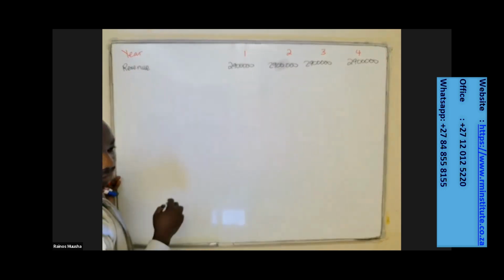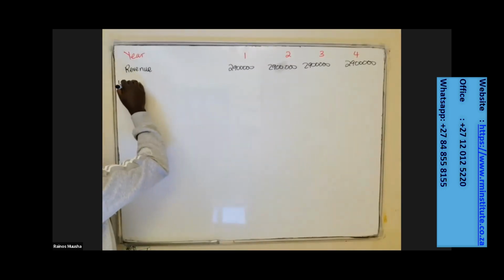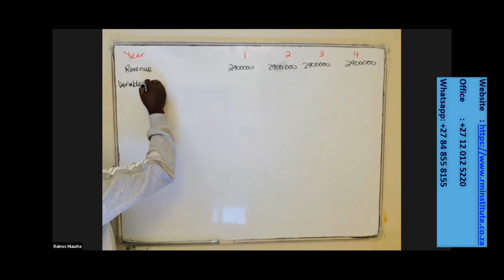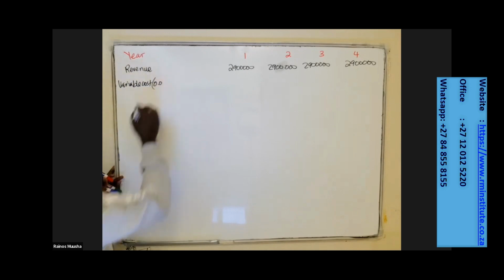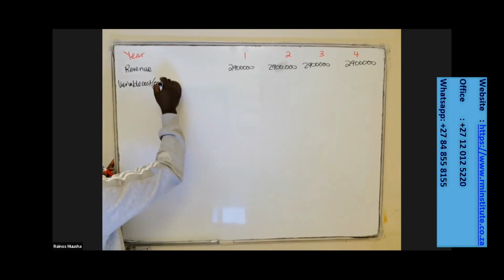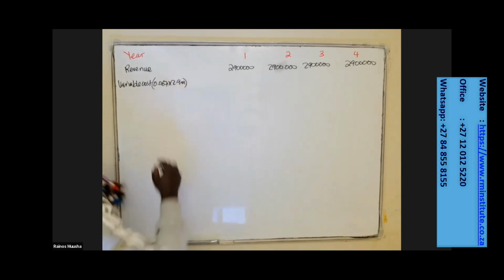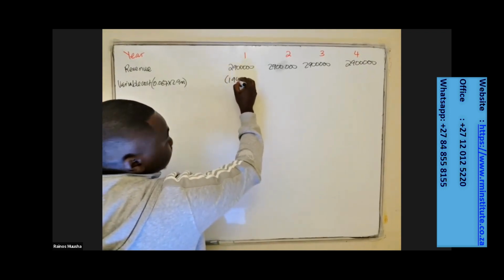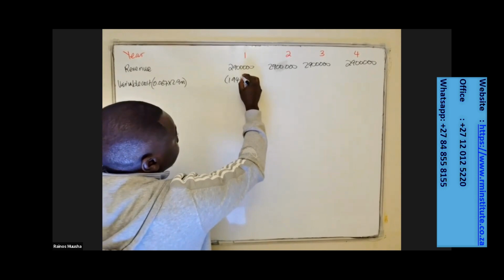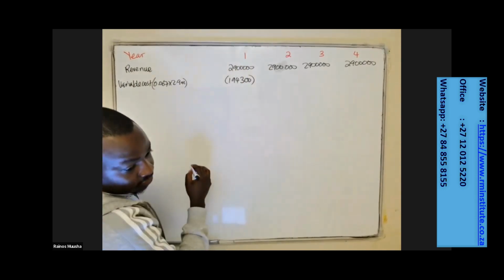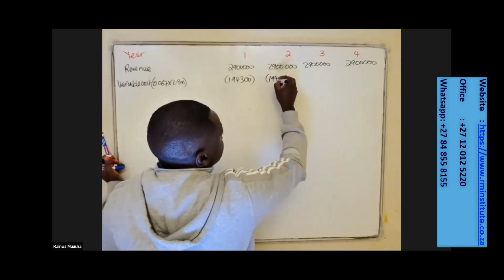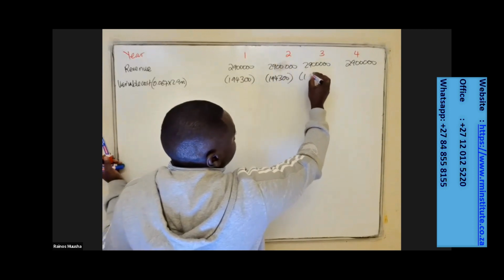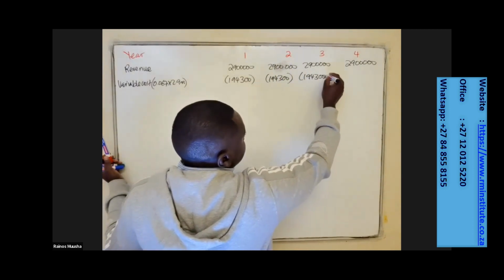And then our variable costs are going to be 0.067 of 2.9 million, which is equal to 194,300. So it's going to be 194,300 here, 194,300 there, and 194,300 here.